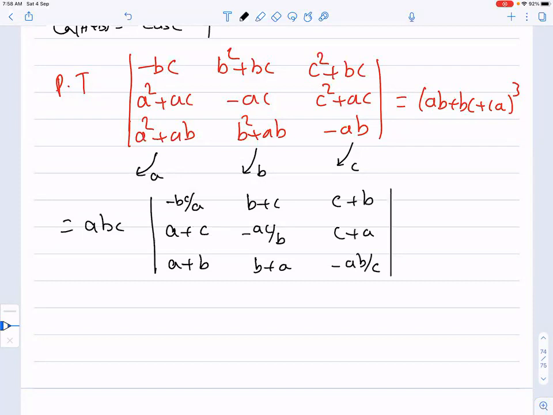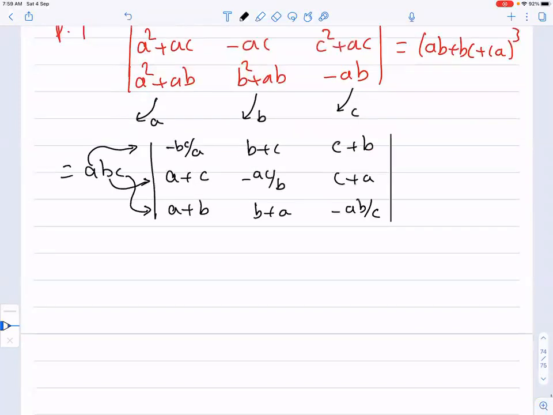Then what we will do is, we'll multiply A to this row, B to this, and C to this. Now, once I do that, what will happen? Minus BC, A will be going inside, like AB plus AC, AC plus BC.